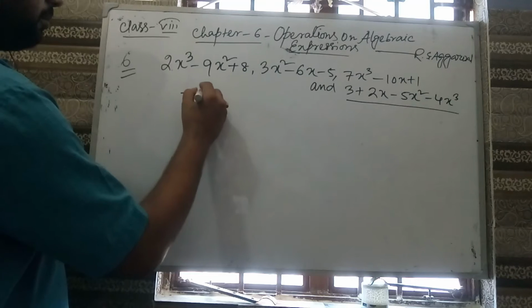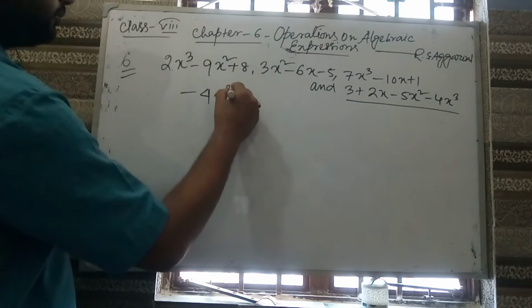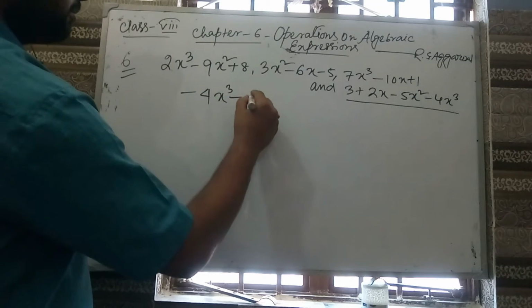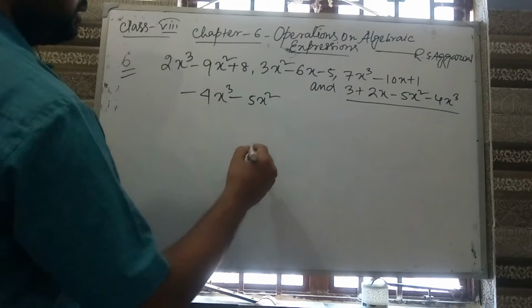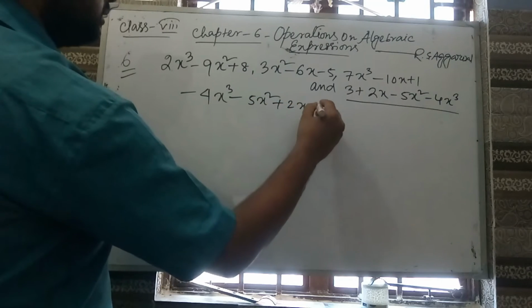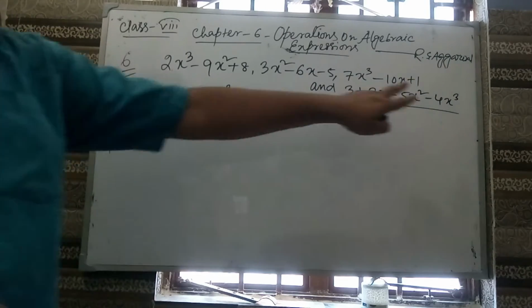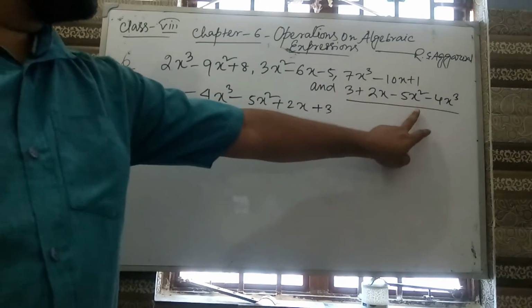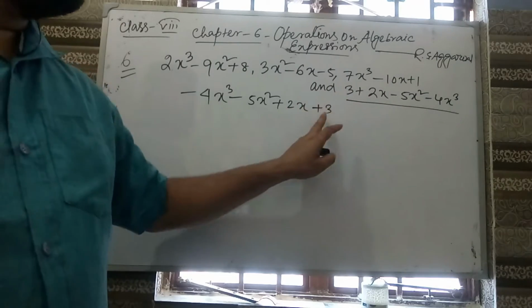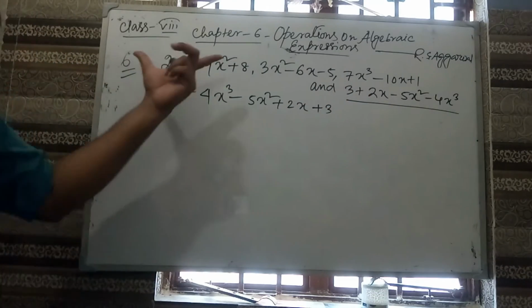So it will become minus 4x cube minus 5x square plus 2x plus 3. Next we will be writing this one.